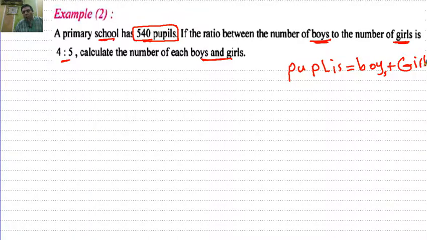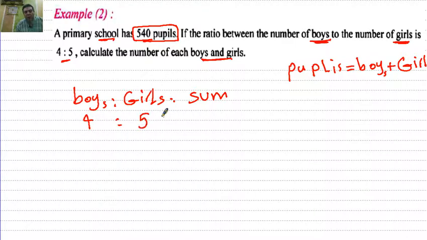So the ratio between boys and girls is 4 to 5, and the sum in ratio is 4 plus 5 equals 9. And the sum of pupils in number is 540.